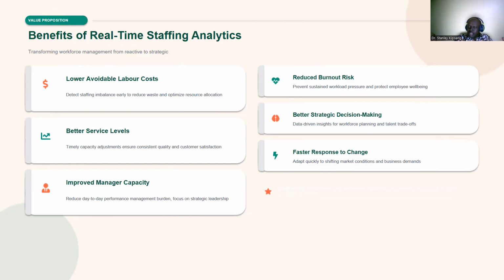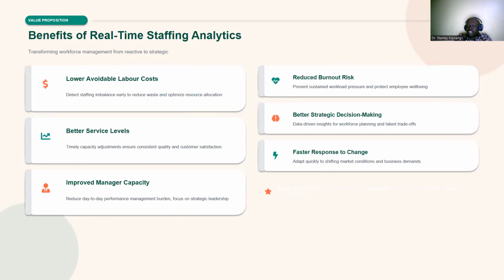The span of control will be addressed so that managers are not overstretched when executing their supervisory role, reducing the day-to-day performance management burden and helping managers focus on strategic leadership. Reduce burnout risk: it prevents sustained workload pressure and protects employee well-being.